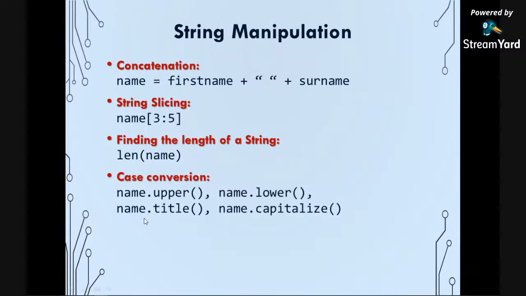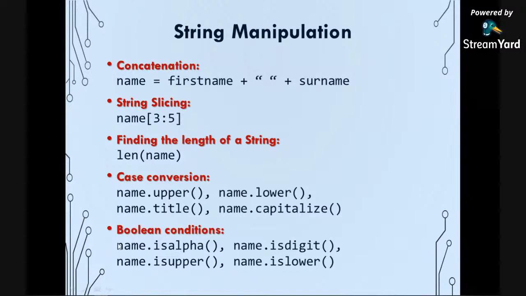So just the first letters of every word would be capitalized. Then name.capitalize just capitalizes the first letter. It doesn't do any of the rest. So even if you've got multiple words, name.capitalize would give you just the first letter, like you're writing a sentence.